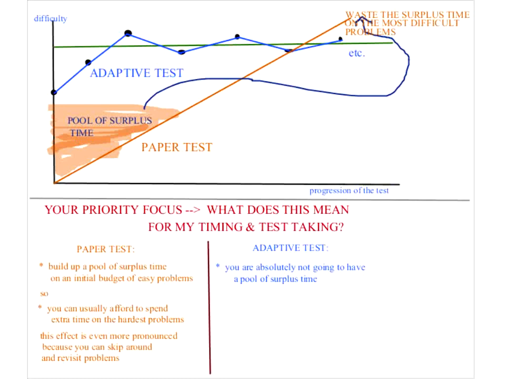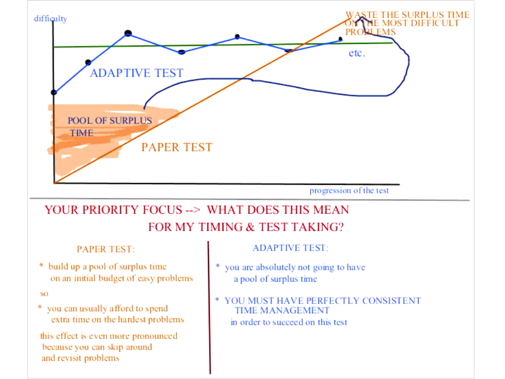So instead, what this means, all caps on, you must have perfectly consistent time management, no caps on, in order to succeed on this test. It's completely the opposite of what's going on over here.